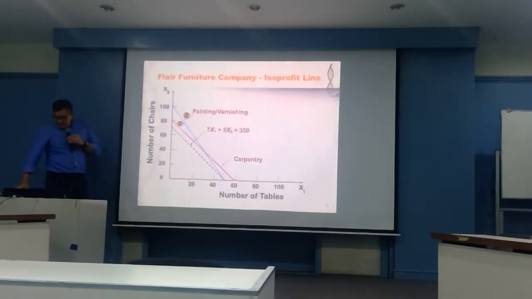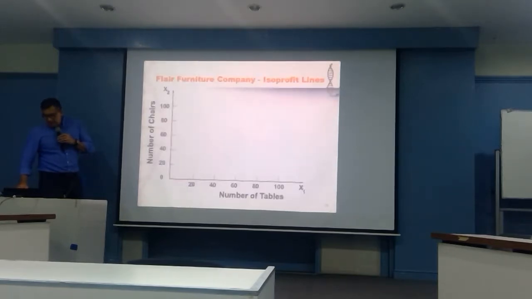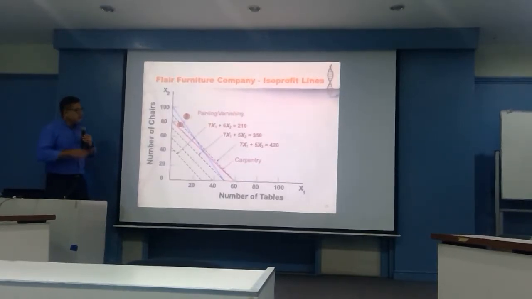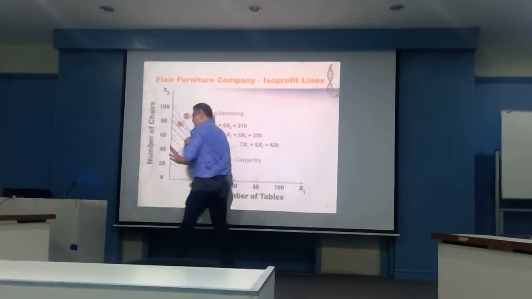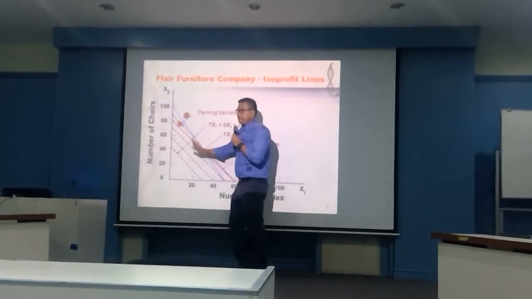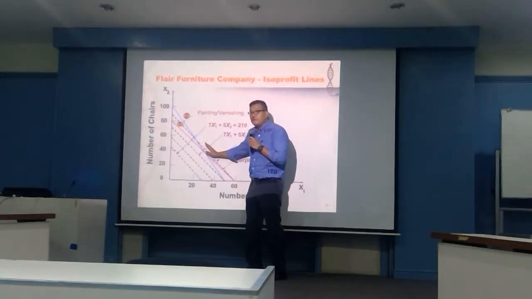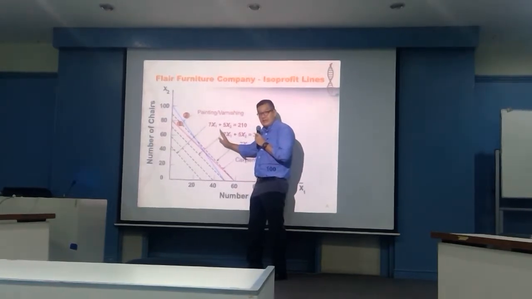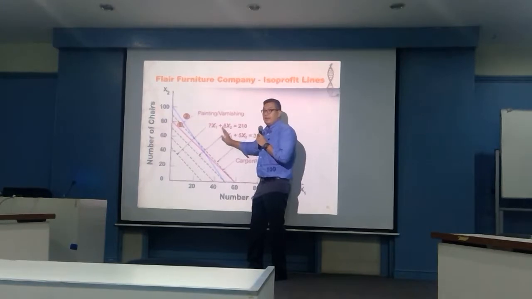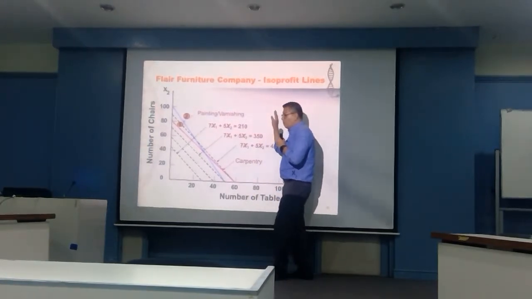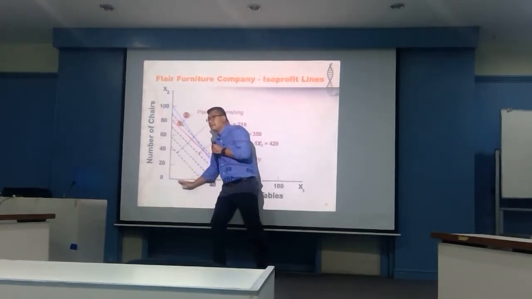Based on the previous lines that I just showed you, this is for 210, 350, 420. If we consider 600, it should be like this, then 800, 1000.